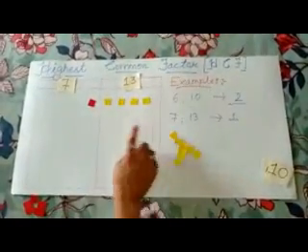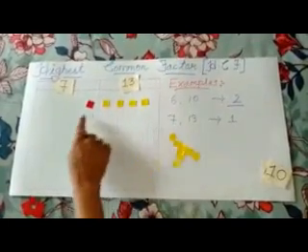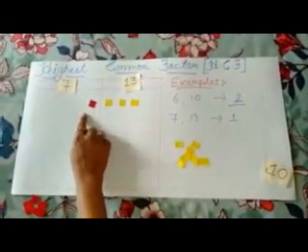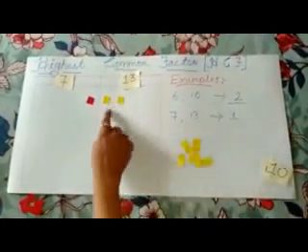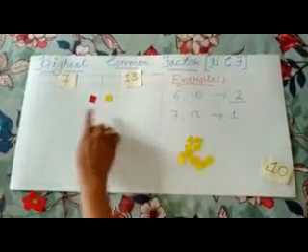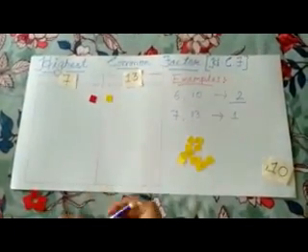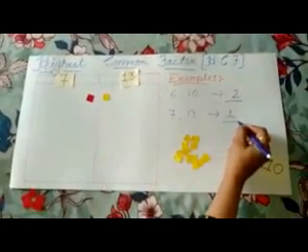I will repeat this action till the numbers get equal. Again here 4, here 1, so again I will remove 1. Again here 1 and here 3 remain. I will remove 1. 2, 1. I will remove 1. Now you can see both sides have an equal number, that is 1. That means the HCF of 7 and 13 is 1.